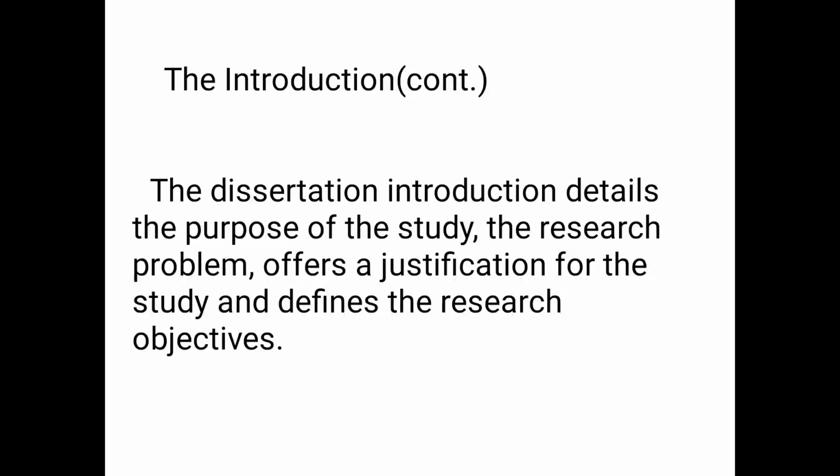So remember, in research, the introduction details the purpose of your study. So you have to establish why your study is important to the field that you are majoring with. So the research also offers a justification for the study. Bakit kailangan mag-conduct ng study na yon?